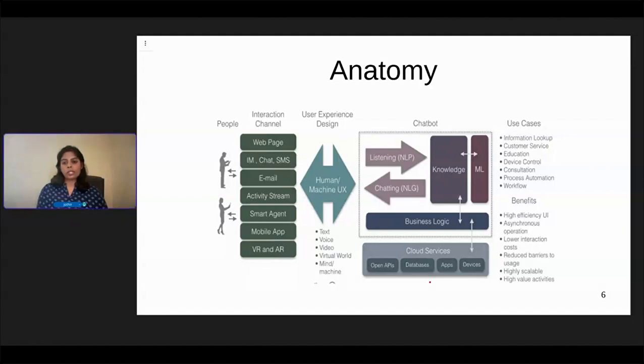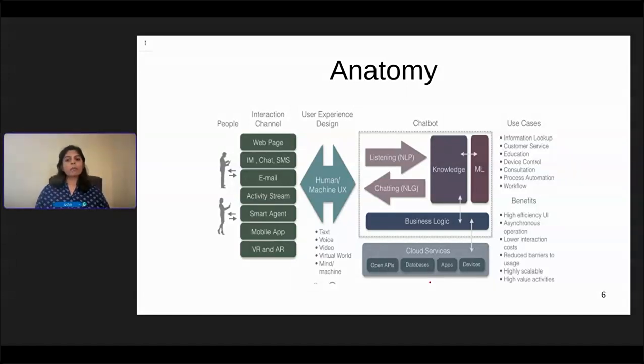You could see the benefits here: high efficiency, asynchronous operation, because you don't know what is happening and by then you get the output. Lower interaction cost, because you don't have to do extra effort in typing anything. You just talk like talking to a human and you get the output. Reduced barriers to usage, highly scalable, highly precise based on the trained models, and high-value activities.